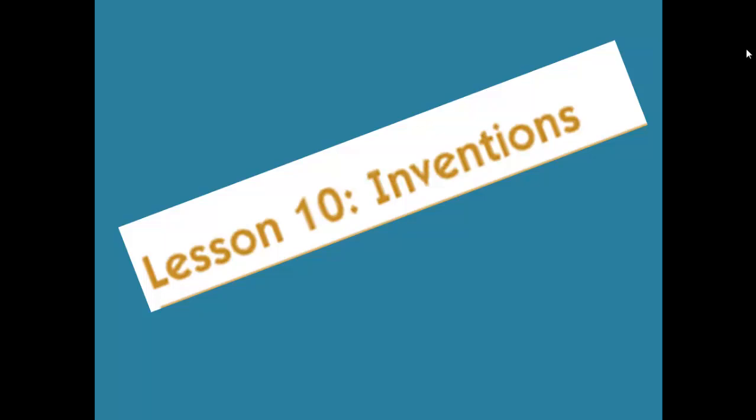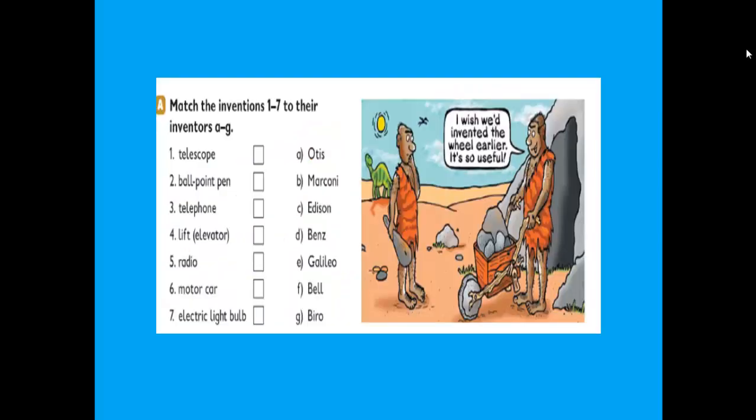In this lesson we will talk about some inventions. Let's do the first task, number A. Here, my students, we can see on the right a picture, and in this picture we can see two men. One of them is on the right and the other one is standing on the left.